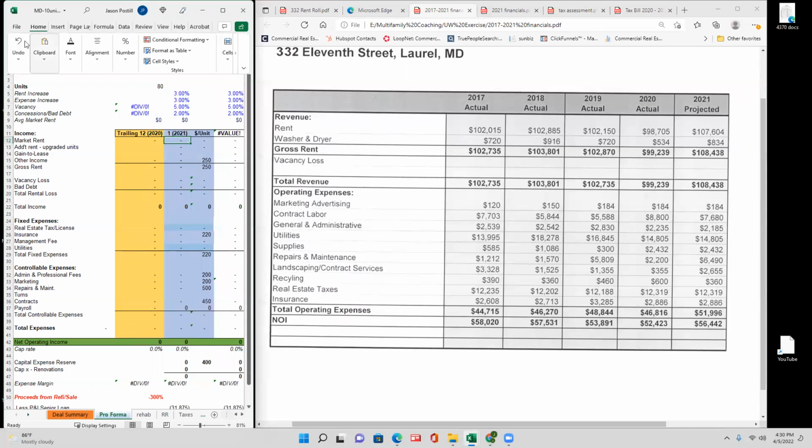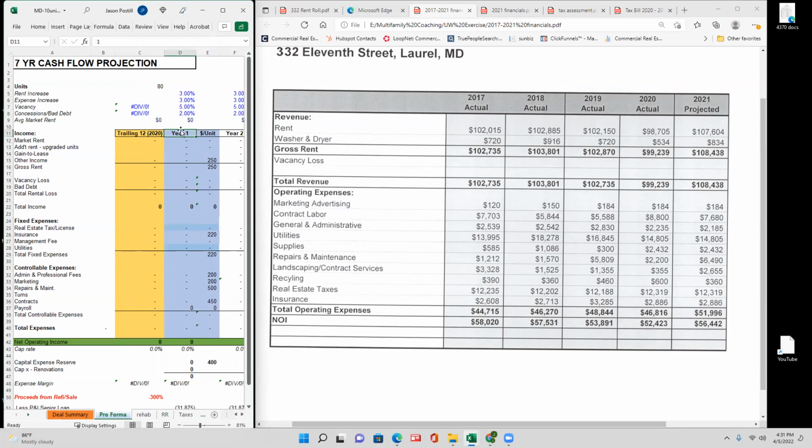Man. Okay, year one, and then year one, 2021. There we go. Okay.